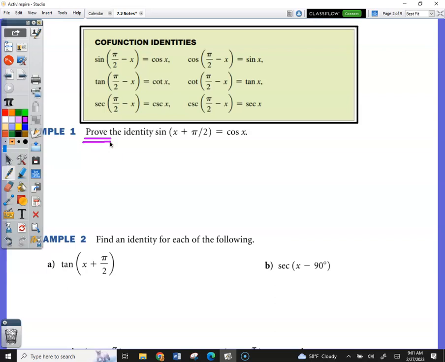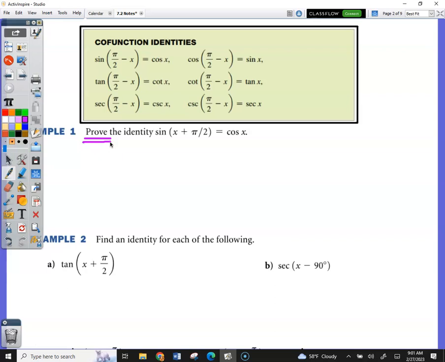When they say prove, and then they give you this equation, they're telling you you need to manipulate one side in order to reflect the other side. So in my mind, this is easier because you don't have this open-ended, hey, just find it. I like the ones that say prove because I know what the end game is.